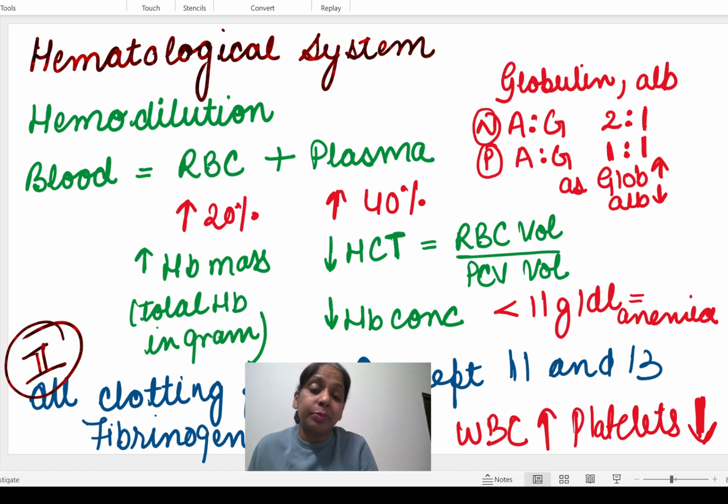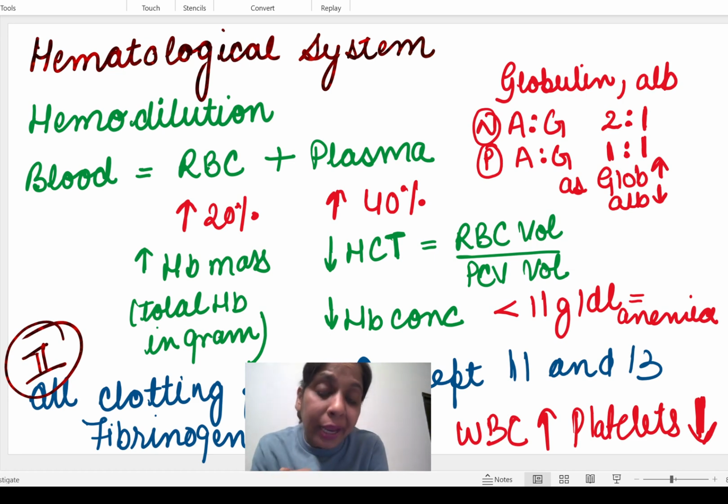When we say HB is 11, HB is 12, it means this much HB is present per deciliter. So note, the HB concentration falls, but the total HB mass increases. What is hematocrit? Hematocrit means the RBC volume upon the packed cell volume.